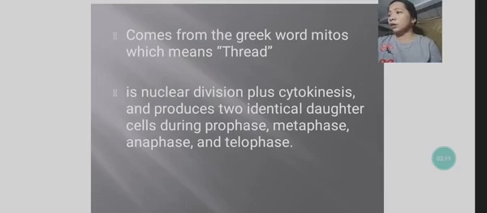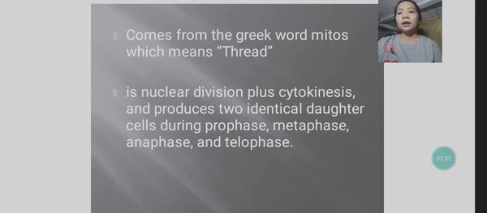Each daughter cell gets a perfect full set of chromosomes, because cells don't usually function when they have too few or too many. That's why they are divided equally.